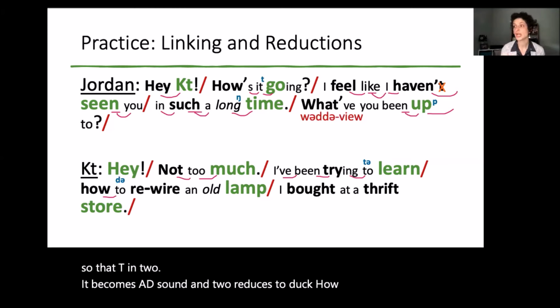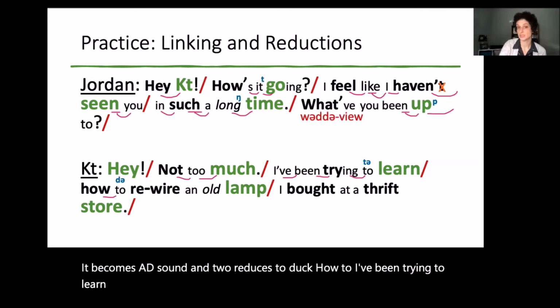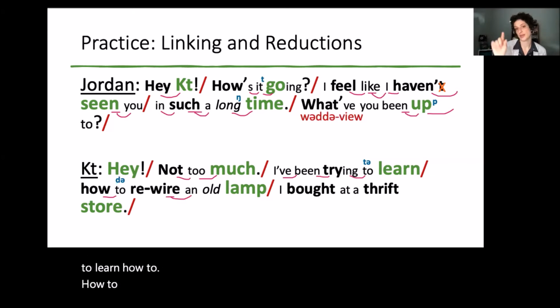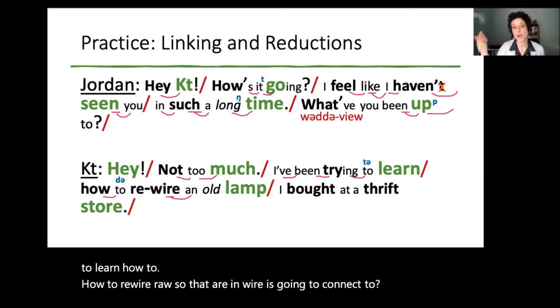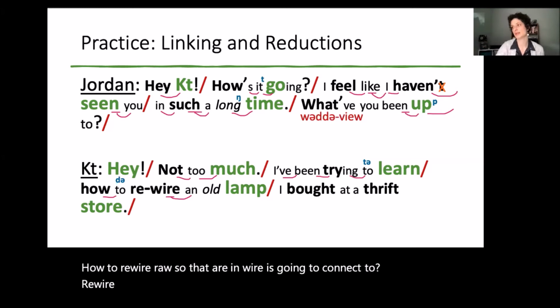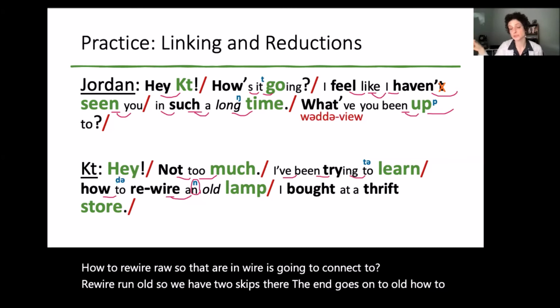I've been trying to learn how to rewire. So that R in wire is going to connect to an. Rewire, run, old. So we have two skips there. The N goes on to old. How to rewire an old.